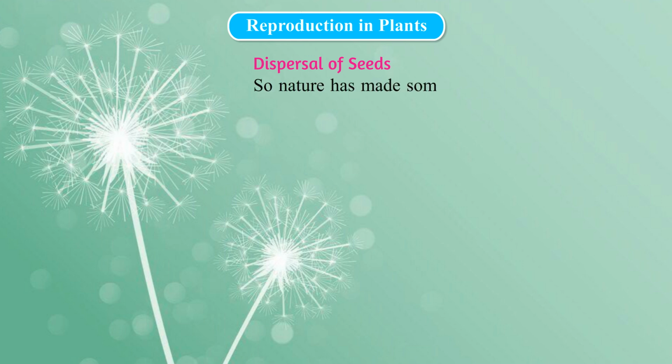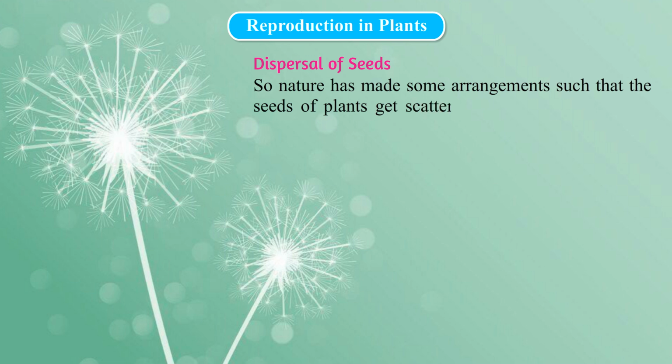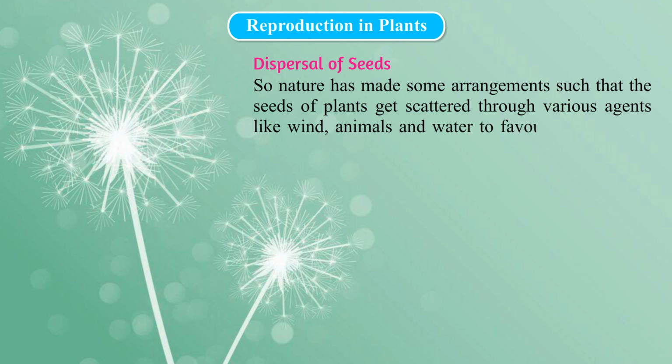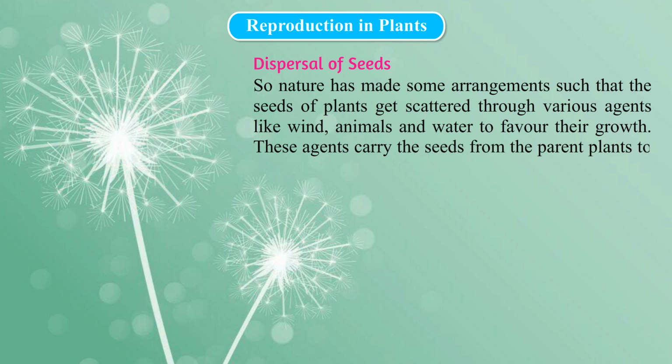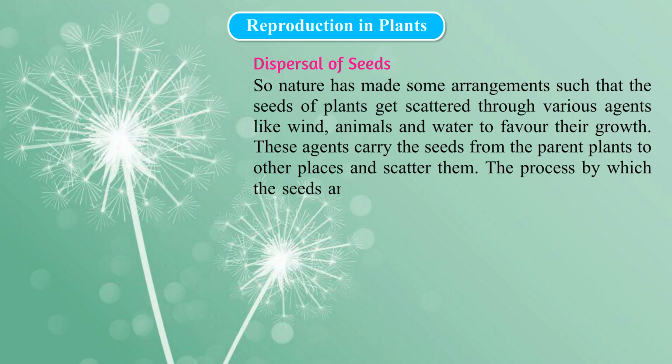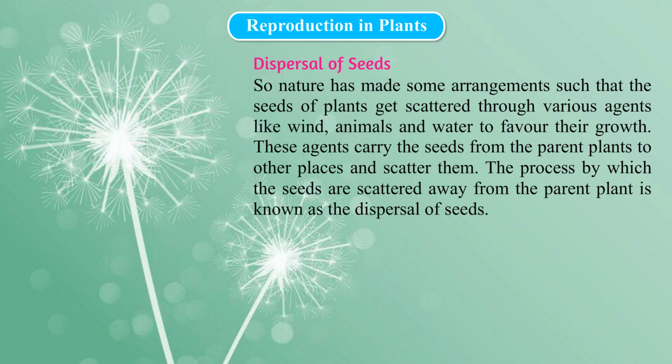So nature has made some arrangements such that the seeds of plants get scattered through various agents like wind, animals and water to favor their growth. These agents carry the seeds from the parent plants to other places and scatter them. The process by which the seeds are scattered away from the parent plant is known as the dispersal of seeds.